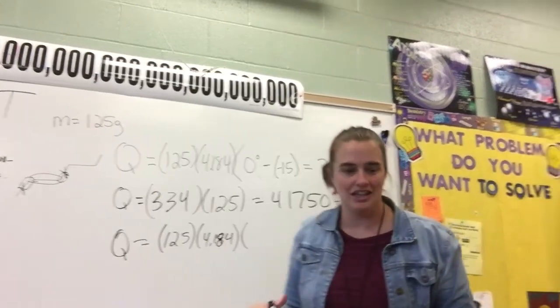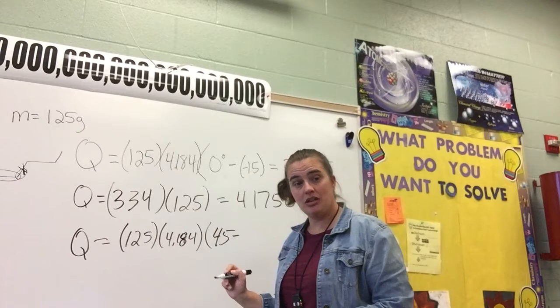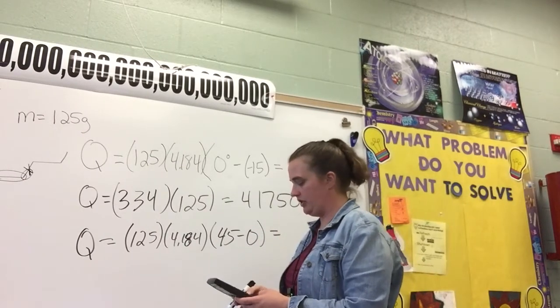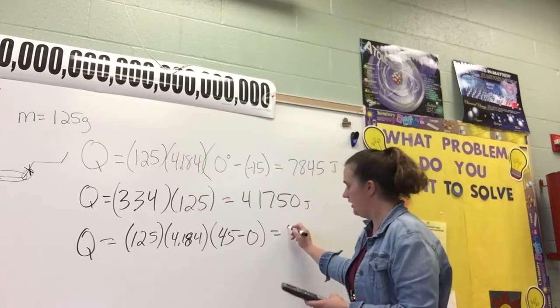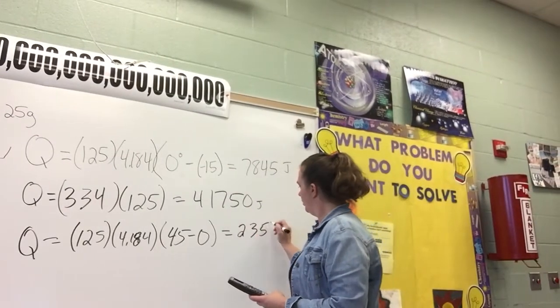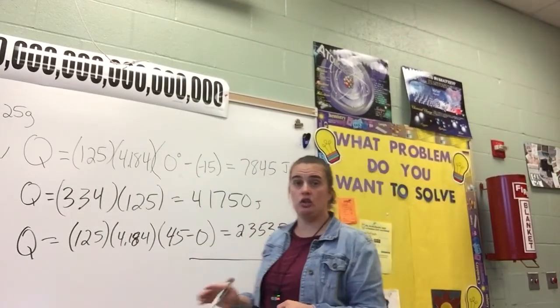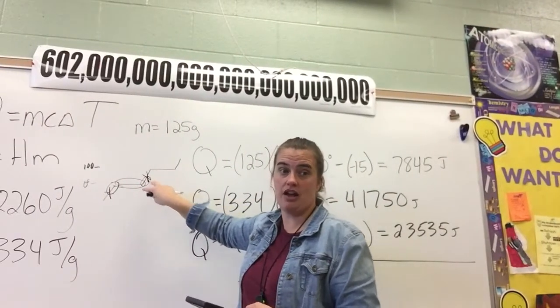I am ending at 45 degrees Celsius, and in this segment of this graph, I started at 0 degrees Celsius. So 45 times 4.184 times 125. So now that gets me 3 different Q values, because I go through 3 different segments of the graph.